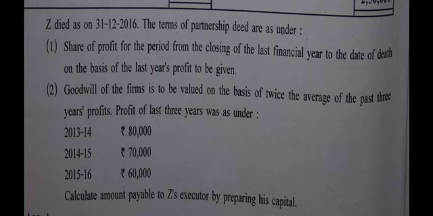And also, it has the concept of goodwill. Goodwill is the third chapter in your textbook. And this chapter we have learned very well in detail, along with the different methods that are given in your textbook, that how to obtain the value of goodwill as per different methods. So that concept is also utilized here.